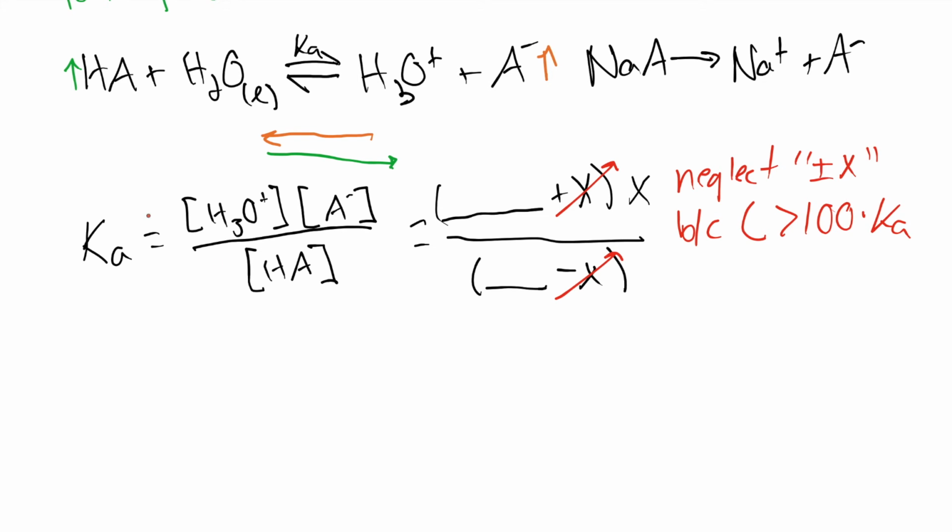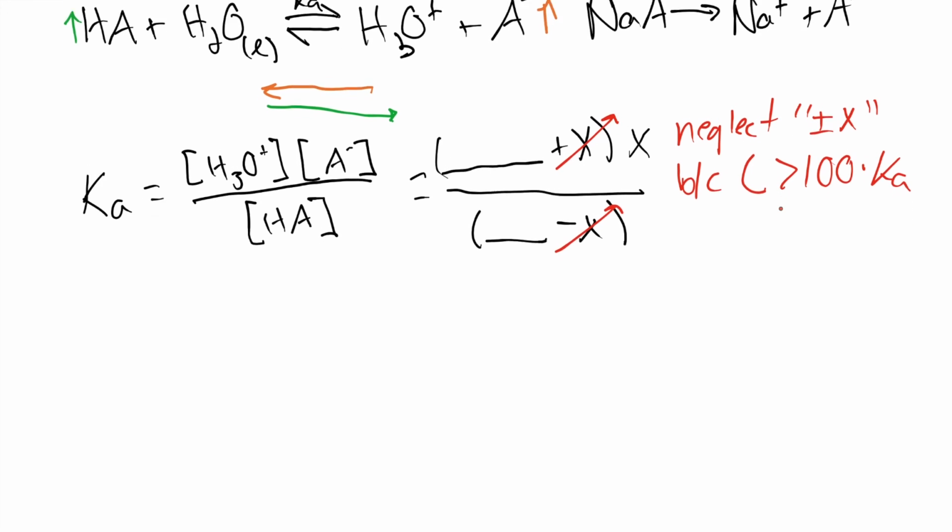Why do we know that? The Ka for a weak acid is something like 10 to the -5 to 10 to the -10, and we're usually looking at concentrations that are maybe 0.1 molar, 0.2 molar, so the concentration will always be 100 times the Ka. So whenever we're using the Henderson-Hasselbalch equation, we can use initial concentrations, which will be very useful.